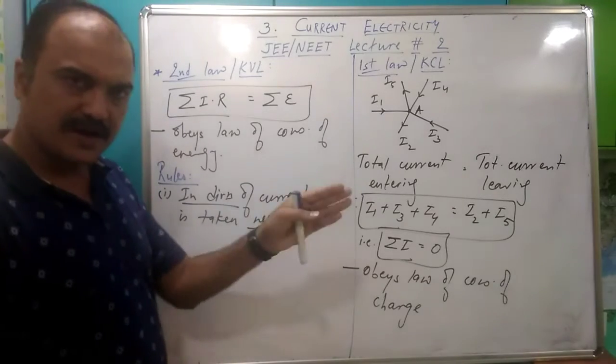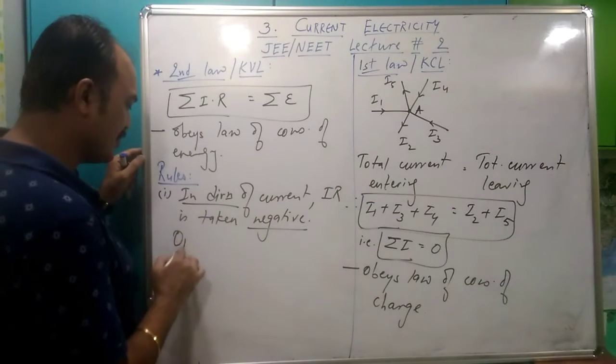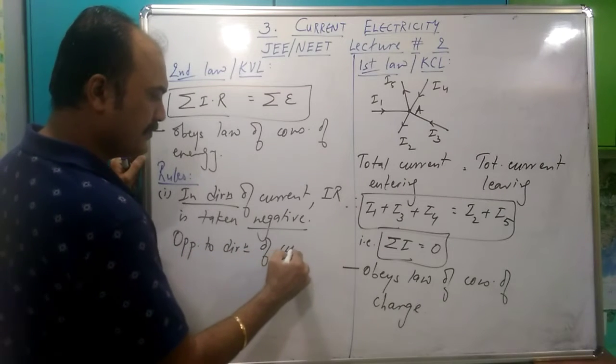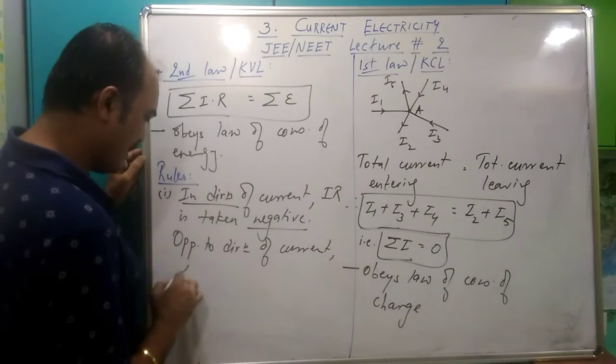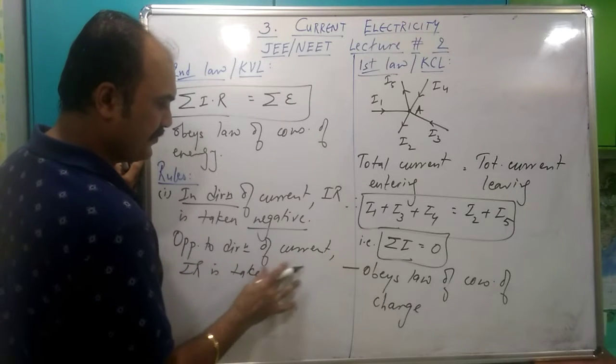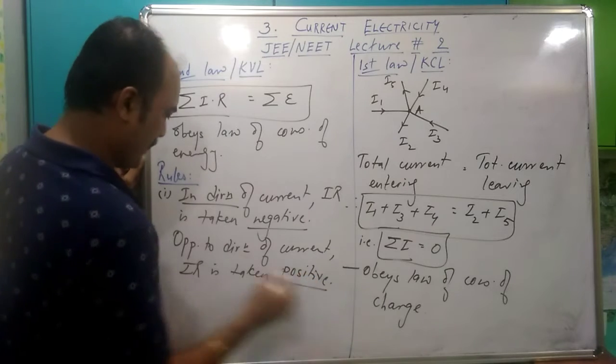So in the direction of current, IR is taken negative. And opposite to the direction of current, IR is taken positive. You know, I tend to remember it in this way.